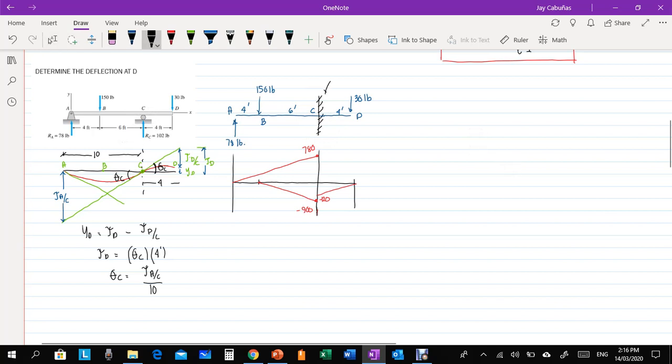So this becomes a fixed-end cantilever. Then we draw a moment diagram for each load. The first, on the other side, we have 78 pound. 78 pound times the moment arm, 10, is equal to 780. So this should be the moment diagram.